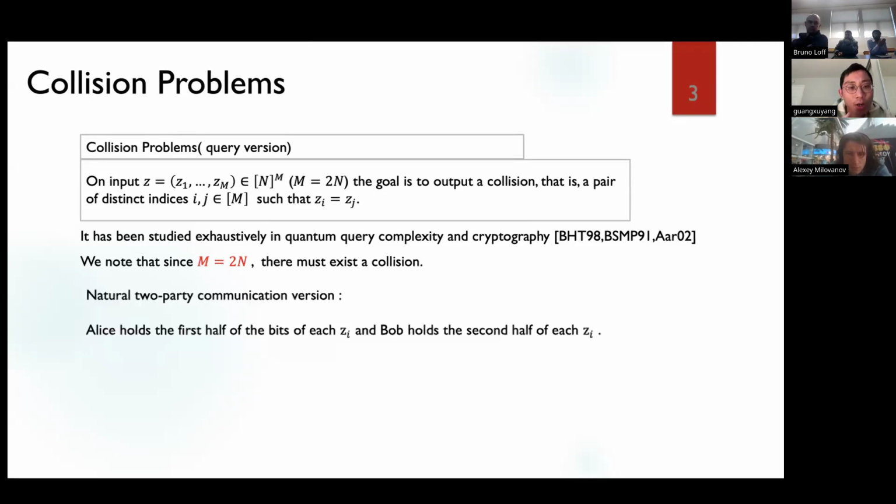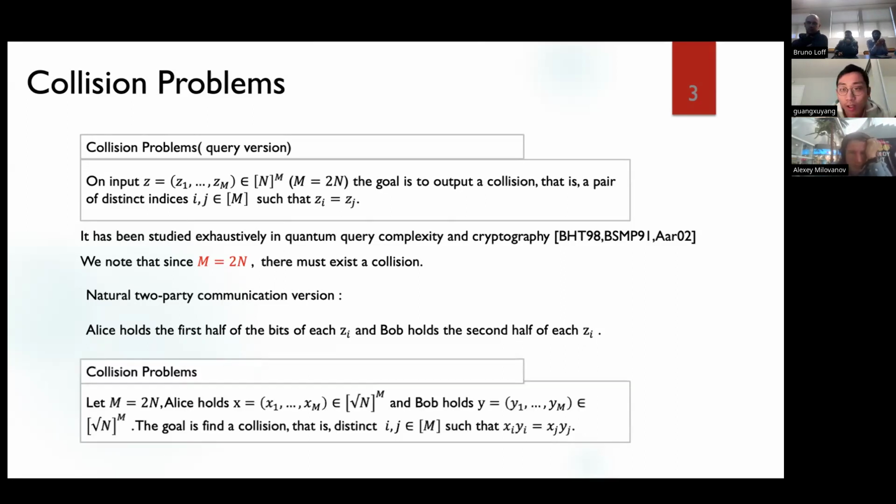So the natural question is whether we have a communication version. The natural communication version is that for each Zi, Alice holds the first half of the bits of Zi, and Bob holds the second half of the bits of each Zi. So this is the collision problem we consider. Let m equal 2 times n.